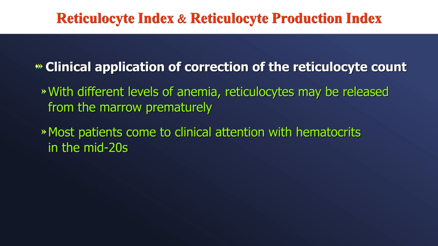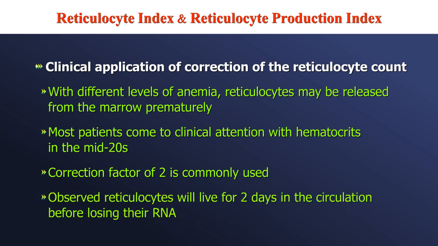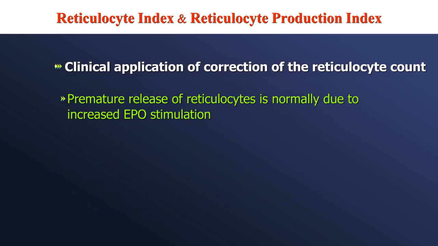Most patients come to clinical attention with hematocrits in the mid-20s, and thus a correction factor of 2 is commonly used because the observed reticulocytes will live for 2 days in the circulation before losing their RNA. Premature release of reticulocytes is normally due to increased erythropoietin stimulation.